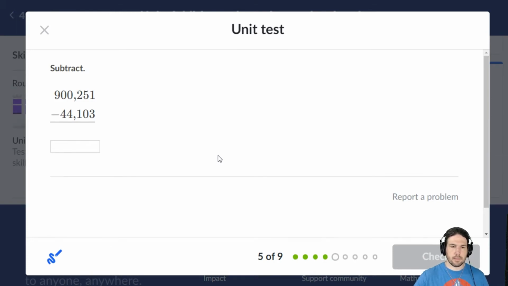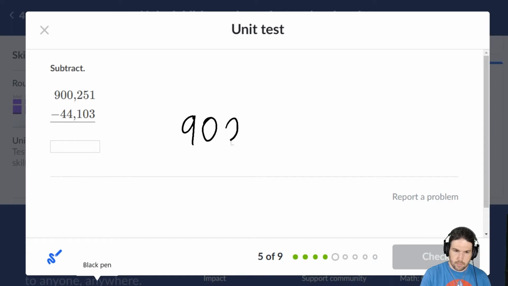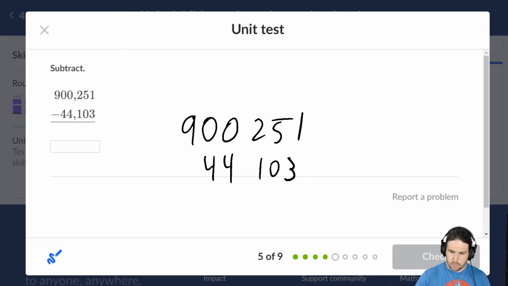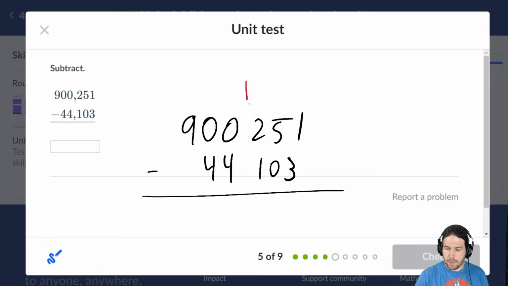Subtract. Well, this is a great time for the method that I just mentioned, because 251 minus 103 is easy, right? It's 151, 150, 149, 148.